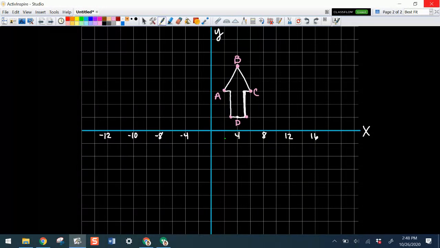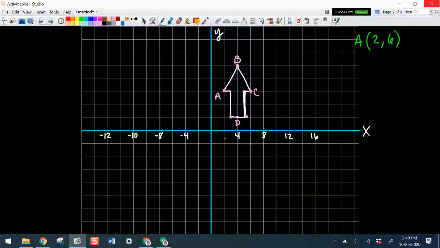So I've labeled a couple key points on this arrow, and that's what I'm going to use to rotate 90 degrees counterclockwise around the point (4, 0). Starting with A, which is located at (2, 6).